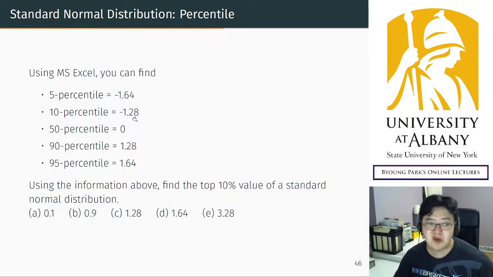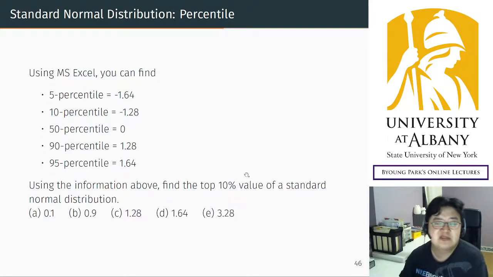You will get familiar with these numbers soon. And from this information, try to find the top 10% value. So we have the 5 percentile and 10 percentile, and I'm wondering what the top 10% value of the standard normal distribution is.